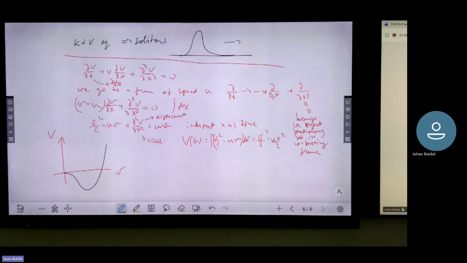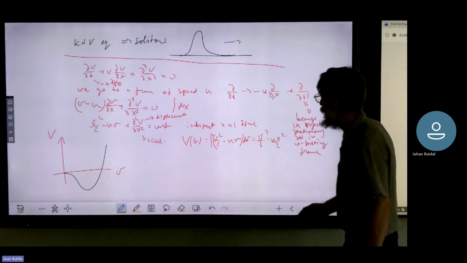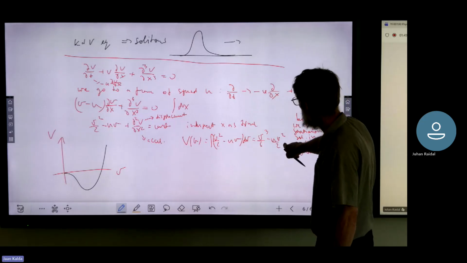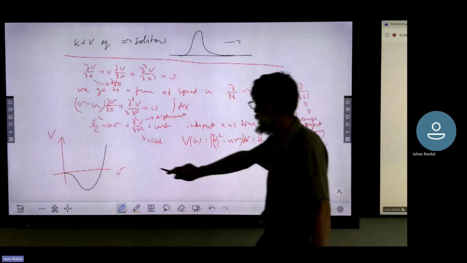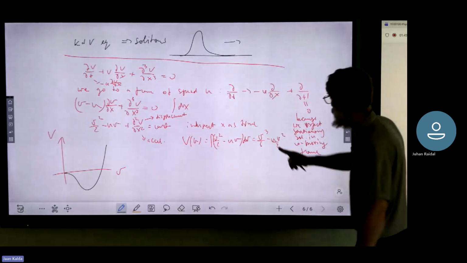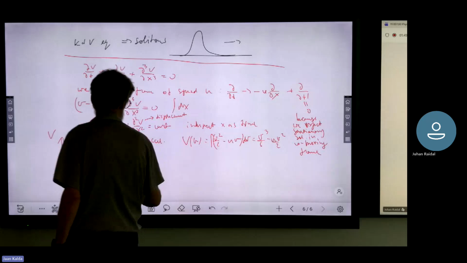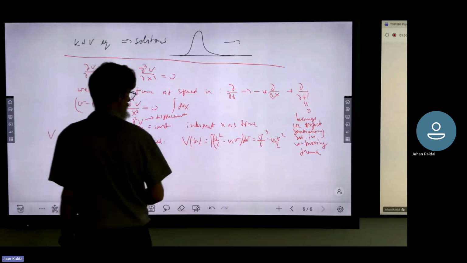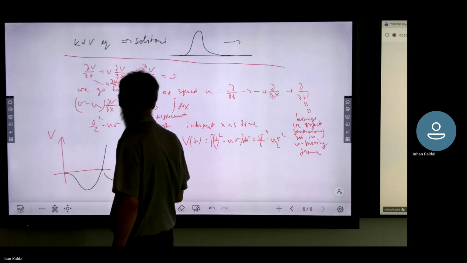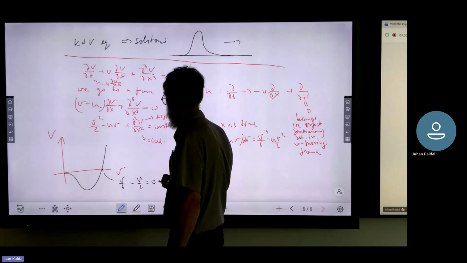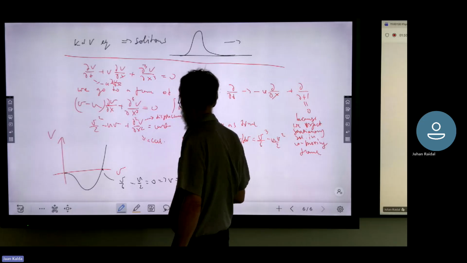And now we can also find the positions of the extrema. Dividing by v squared for the non-zero point, we obtain v over 6 minus u over 2 equals 0, meaning that v is 3u.